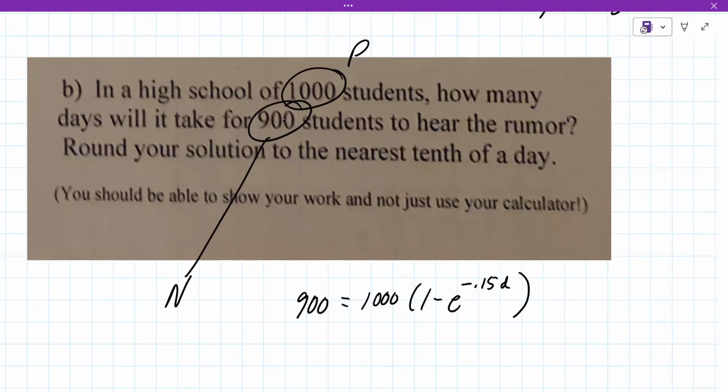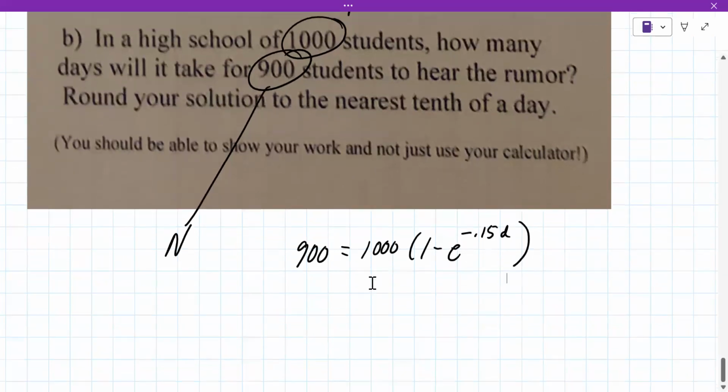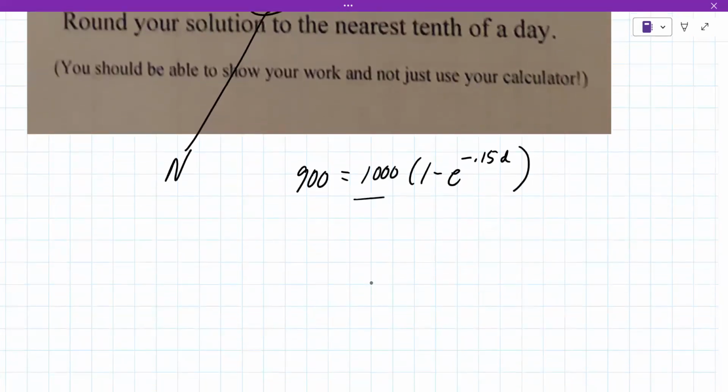They always have to give you everything but one. You can't not have the variable. So they want you to show your work. You have to manipulate the equation. We'll work through that now. First thing is to divide both sides by 1,000. On the left, that is 0.9, equals 1 minus e to the minus 0.15 d.